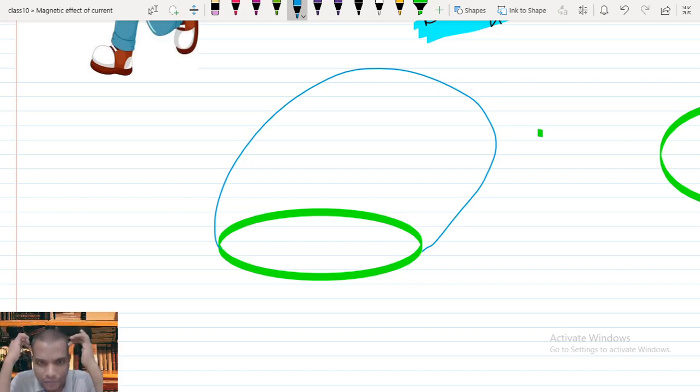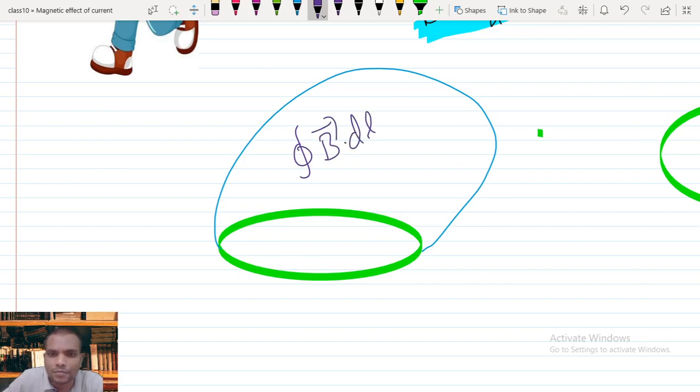A hat should fit on your head depending upon the circumference or area of your head, but that hat should be transparent. Then only the current pierces through it, the current should enclose it. So for any given case, we can use this one and only formula, the closed integral of B bar dot dl equal to mu naught I.